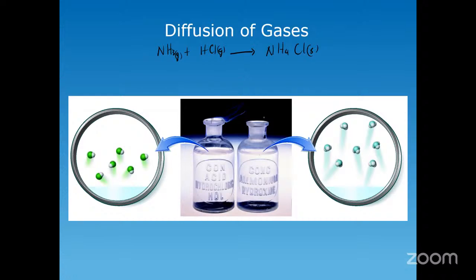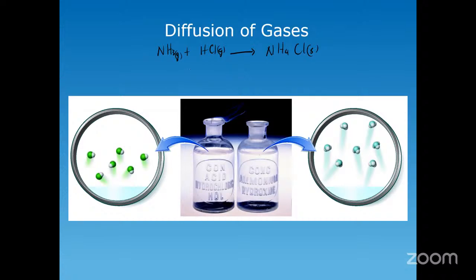Ammonia is about 17 because nitrogen is about 14 plus 3 hydrogens. So that's 17. So which one is heavier? The hydrogen chloride, right? So therefore it will move more slowly, as you just suggested, right? And therefore the point of contact will be closer to the source of the hydrogen chloride compared to the ammonia.